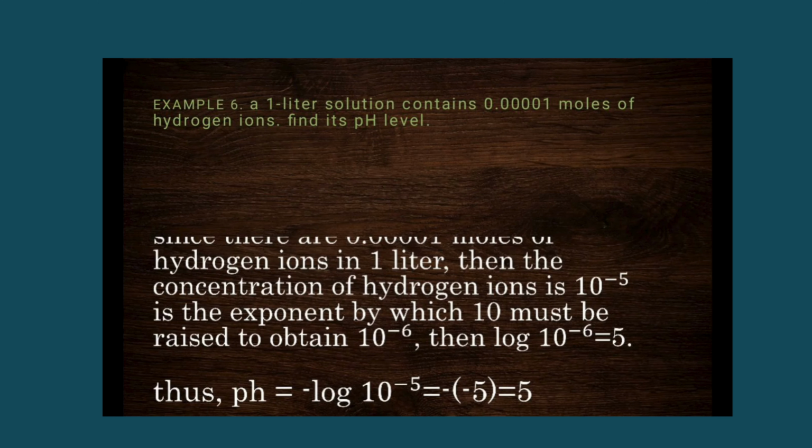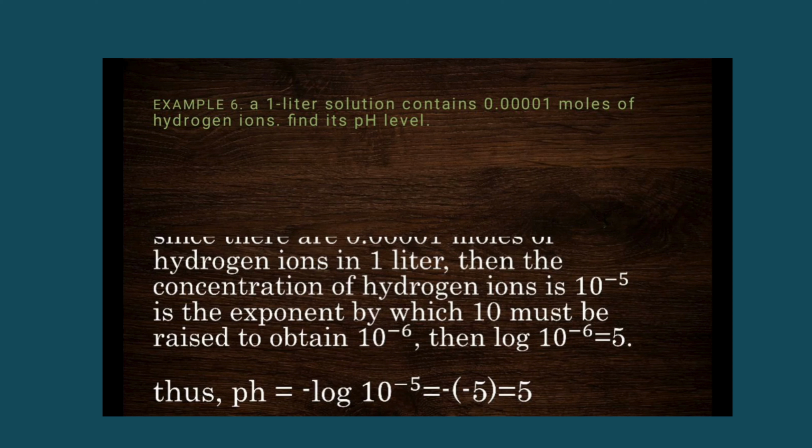So we have here example 6. A 1-liter solution contains 0.00001 moles of hydrogen ions. Find its pH level. Since there are 0.00001 moles of hydrogen ions in 1 liter, the concentration of hydrogen ions is 10 to the power of negative 5.